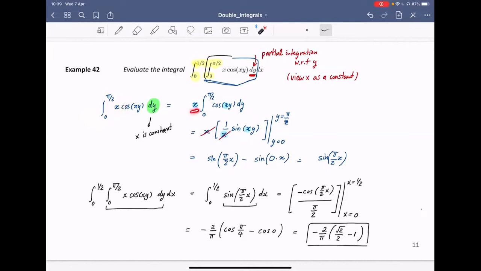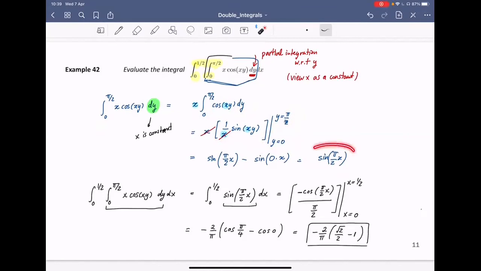So the inside here, I have cosine xy dy left, but in my mind I have to treat x as a constant. So I integrate cosine xy dy and I get 1 over x times sine xy. And then I evaluate at y equal to those limits, and you just get sine pi over 2x here.